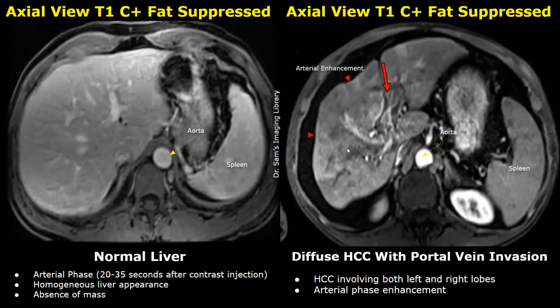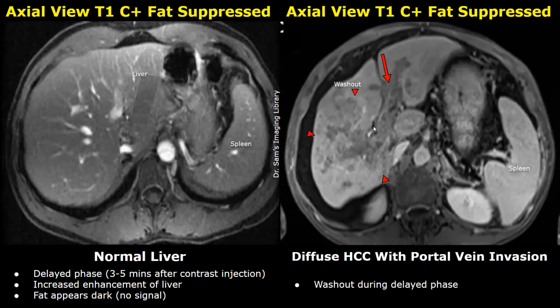In the arterial phase, we can see enhanced areas during this phase throughout different areas of the liver, and also enhancement is seen at the location of the portal vein. This is a delayed phase. We can see washout from the mass during this delayed phase.